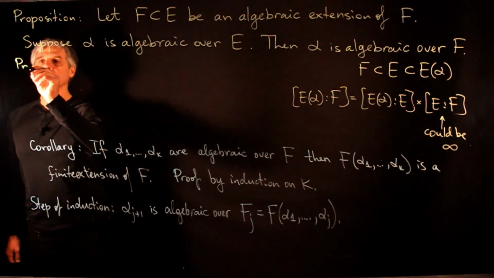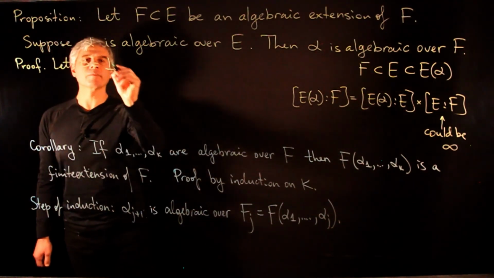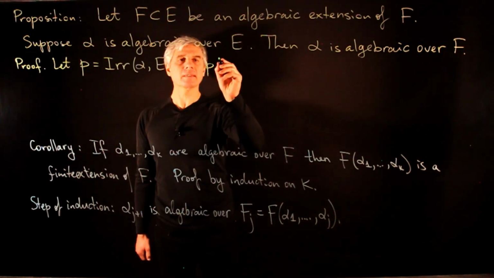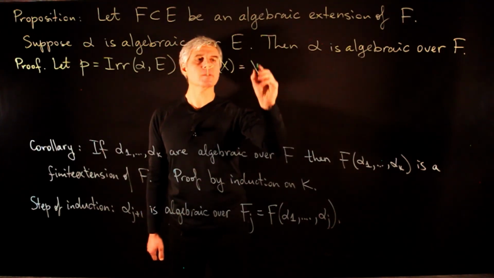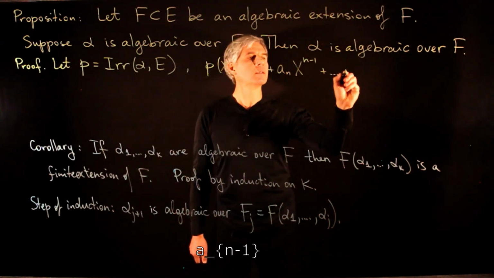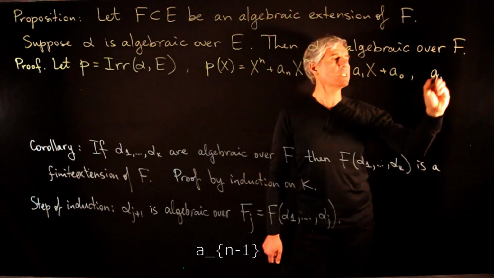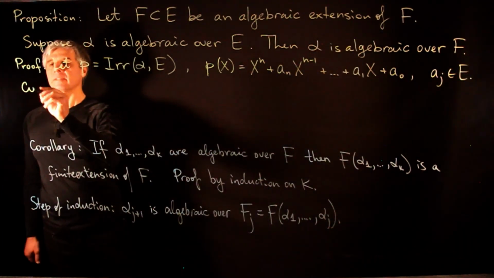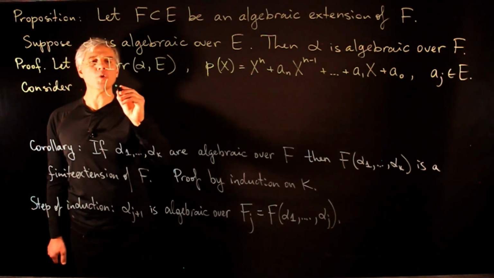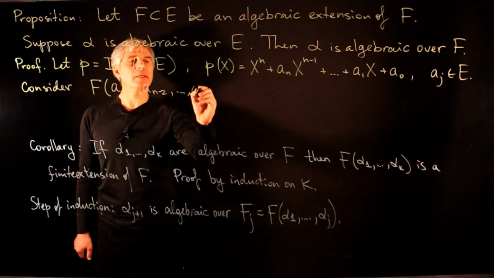Now let's give a proof. Let P be the minimal polynomial of alpha over E. P of x is equal to x to the power n plus a_{n-1} x to the n minus 1 plus and so on plus a1 x plus a0, where all a_j's are elements of E. Consider the field F with the adjoined elements a_{n-1}, a_{n-2}, up to a1, a0.